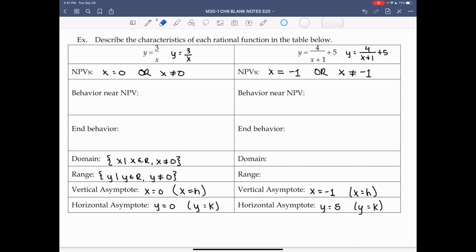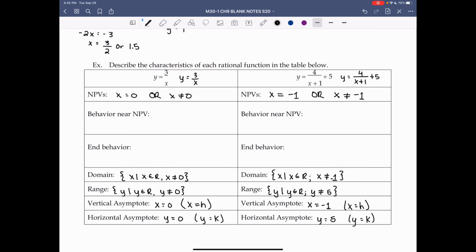On the right hand side, domain, x such that x is all real numbers except x cannot equal -1. Y such that y is all real numbers except y cannot equal 5.